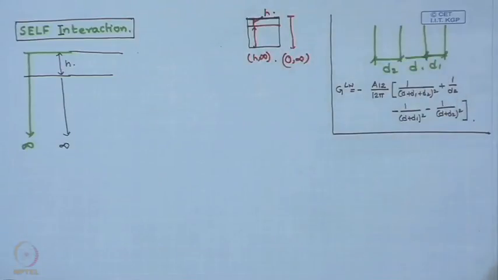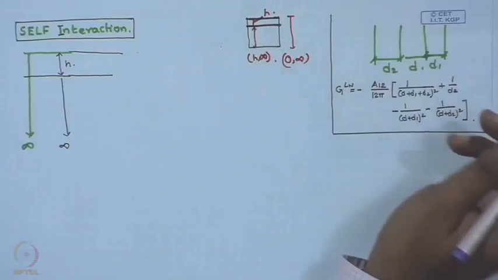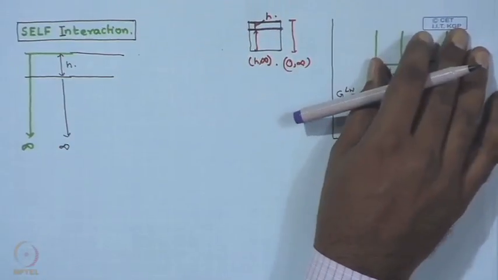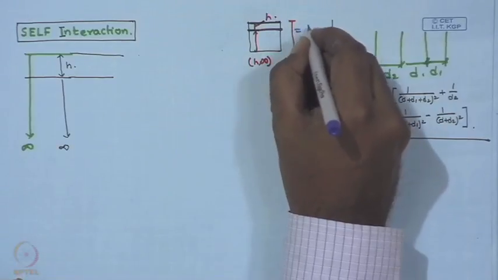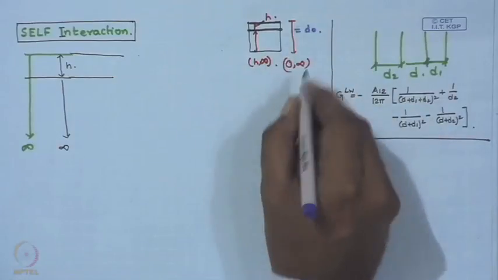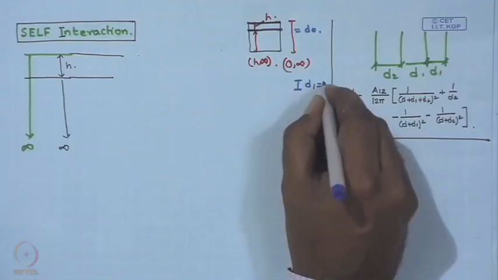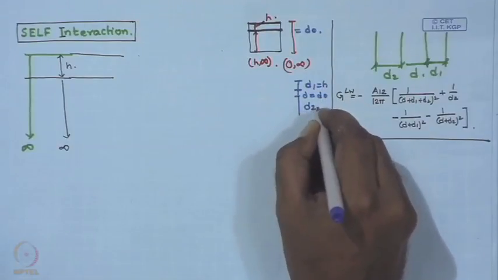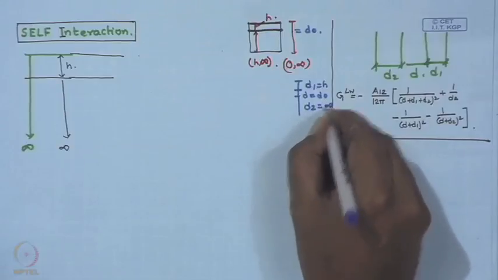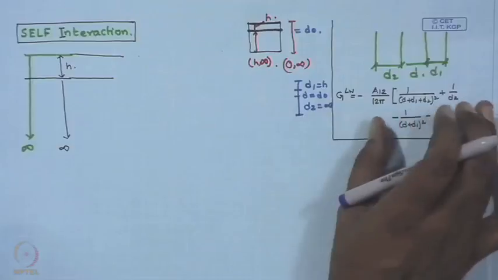Okay. But what you need to understand is that this is now at an interface. So, though the same material is at contact, now there is a finite separation distance, and that is d 0. So, this picture now in a way gets transferred to d 1 equal to h, d equal to d 0 and d 2 equal to infinity, and you can immediately draw a comparison between this and this.